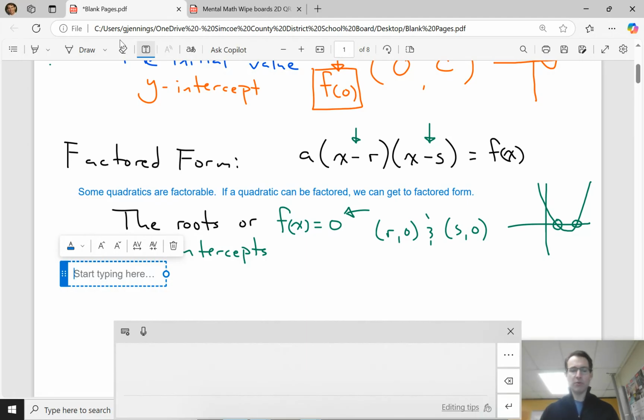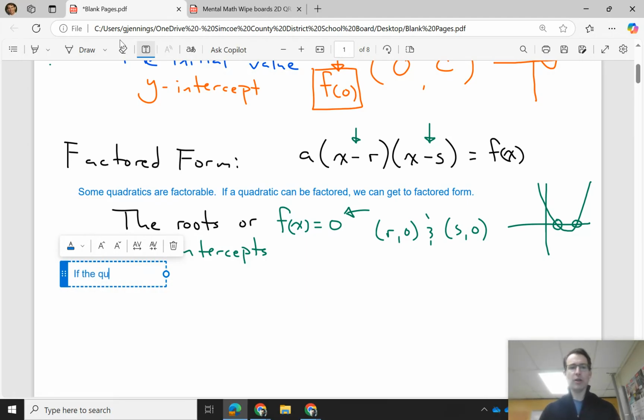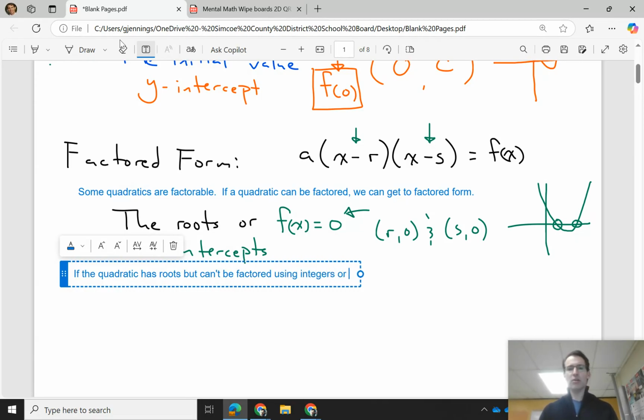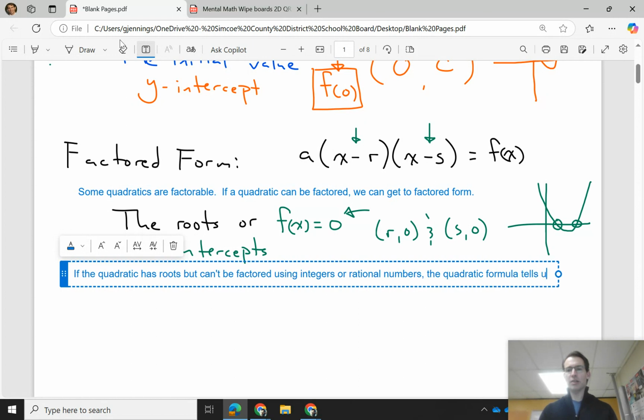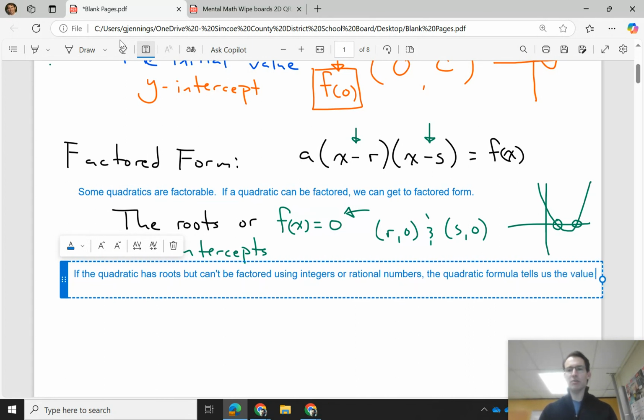Another note for you about factored form. If the quadratic has roots but can't be factored using integers or rational numbers, the quadratic formula tells us the value of the roots.